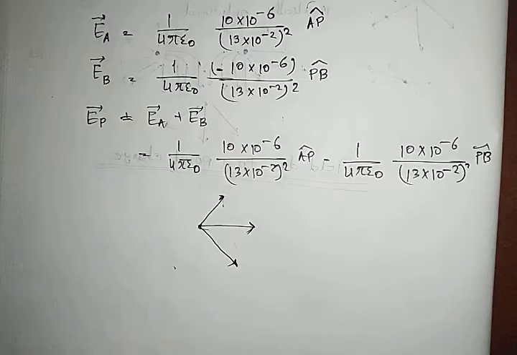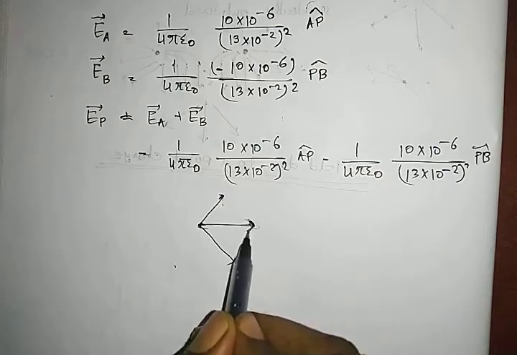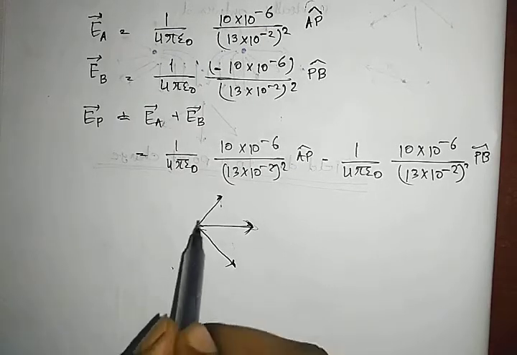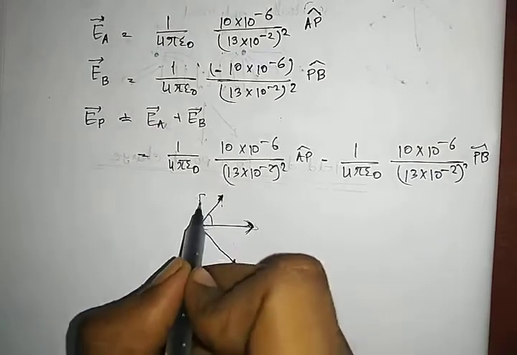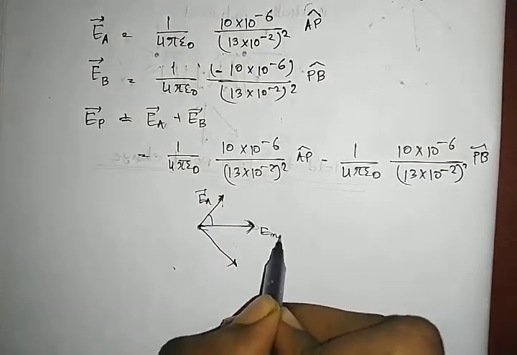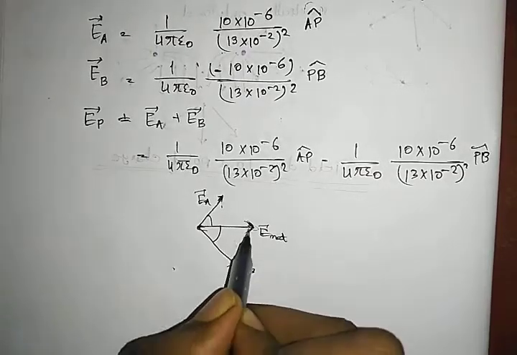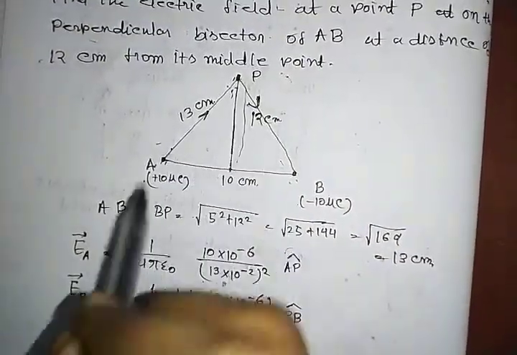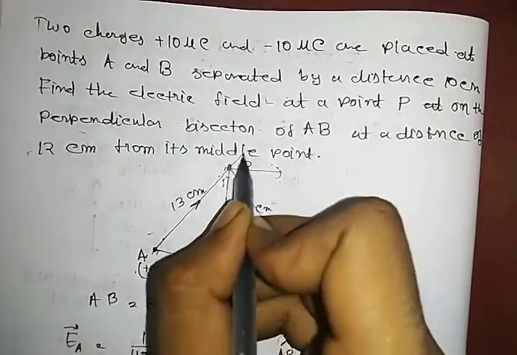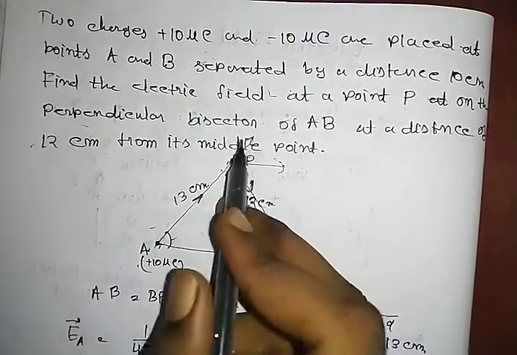So this will be the direction in which the net electric field is directed, and you can see the angle that the field EA will make with the bisector, and also the angle that EB will make with the bisector, are equal. Both are theta, because the magnitudes of these fields are equal, and they will also be equal to this angle, as is evident from the picture.